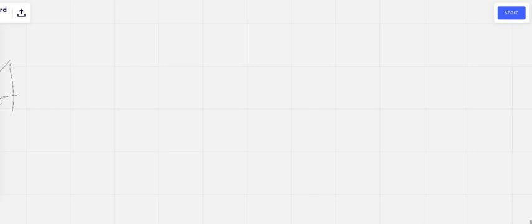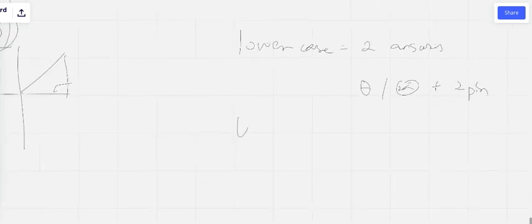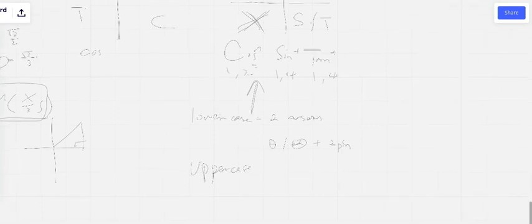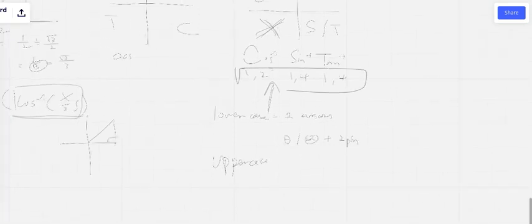If you have lowercase, you will have 2 answers, or you can say 2 equations, which is something in radians, plus 2 pi n, and in uppercase, refer back to this graph, you only have something in these quadrants.